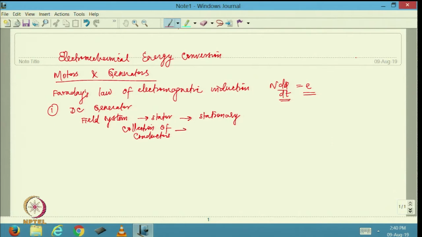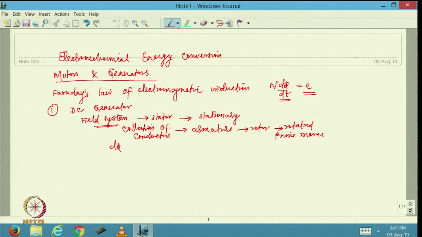This is going to be housed in the rotor, so this is going to be rotated with the help of a prime mover. The conductors are going to look at this magnetic field as though it is having a rate of change.